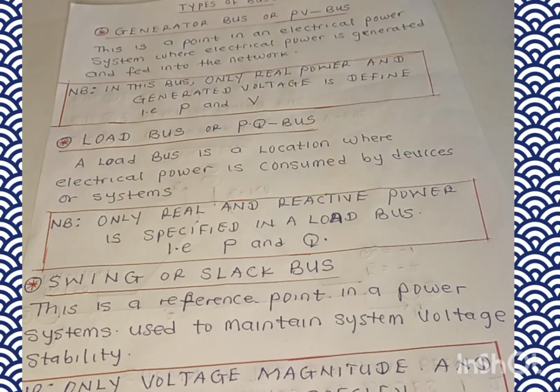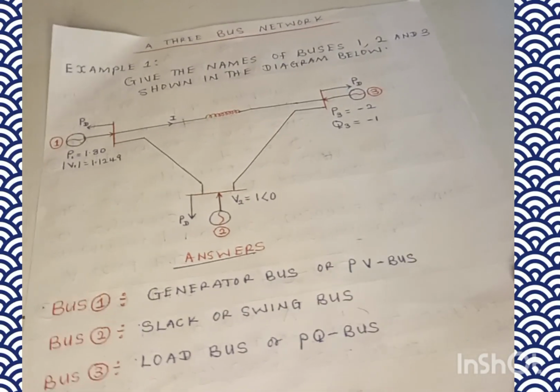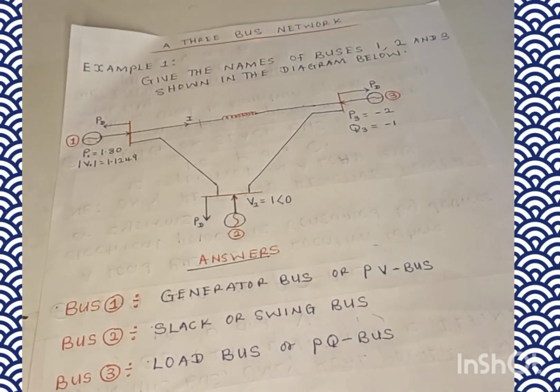Now let's get into the next chapter, where we're going to talk about how to draw a three bus system and identify the different buses in it. Here we go. From what we have now, we have a three bus network.